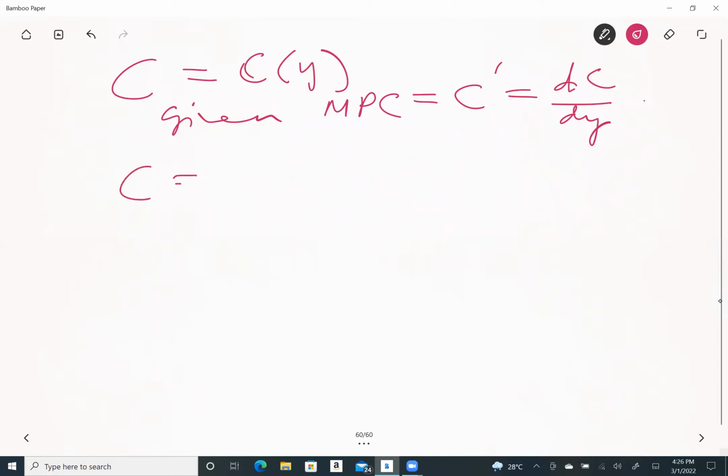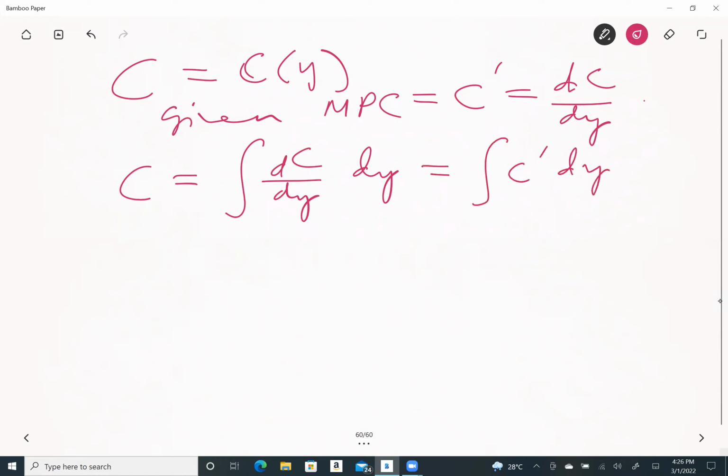So consumption is equal to the integral of dC/dY dY, or you can use MPC or C prime dY. All right, so put in the function. You are given 0.3 minus 0.4. Don't forget the integral sign.